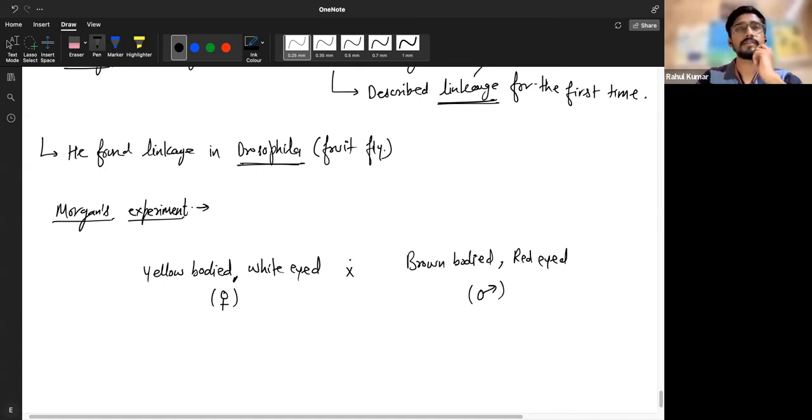And normally when you take any two traits, then what do you expect? You expect that when you cross it and when you reach the F2 generation, you will see all the permutation combinations in the ratio of 9:3:3:1. Am I correct? Yes.